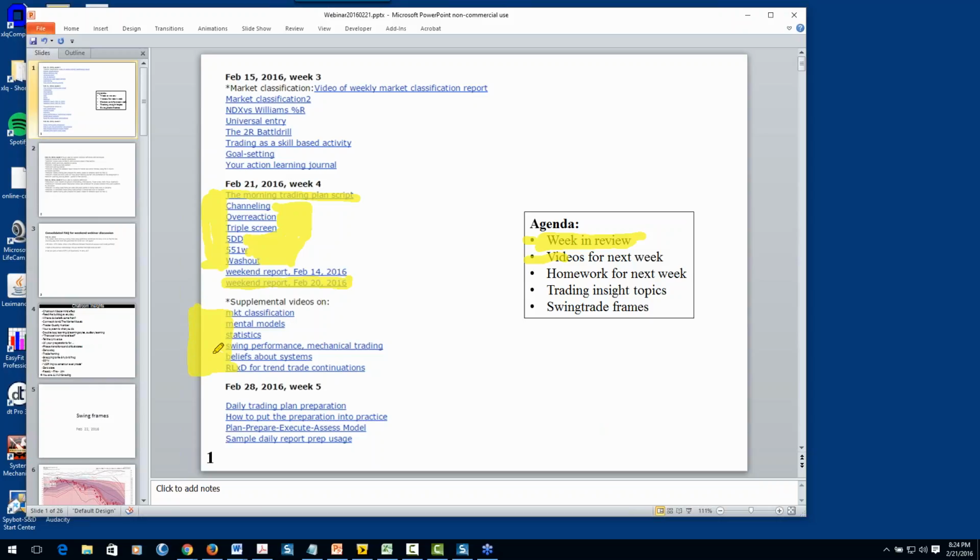And I think it's a short lesson, maybe 3 or 4 minutes, but I think the ideas pertain to swing trading just as well as intraday trading.